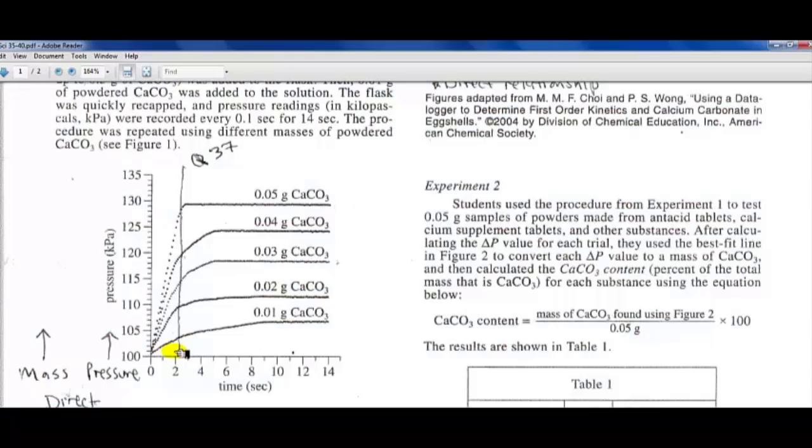You see that basically things are going up here. The more you add, the quicker the reaction, and the lower, it takes a little bit longer to reach its maximum over here, right around 9 seconds, whereas over here around 3. There's a direct relationship between time and pressure all the way up, I would say, to about 9 seconds.